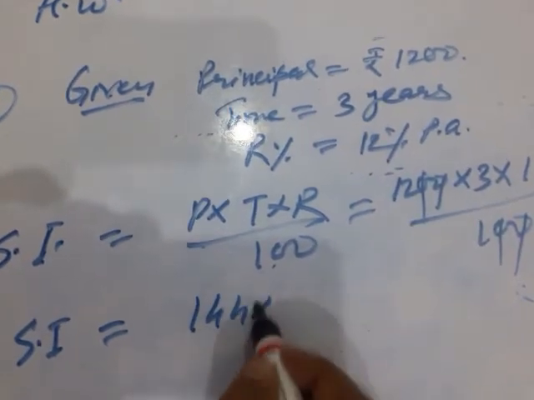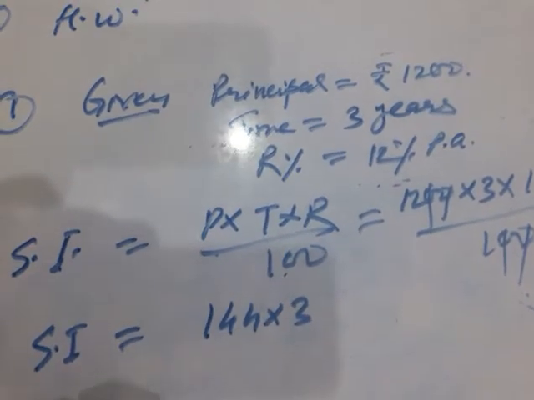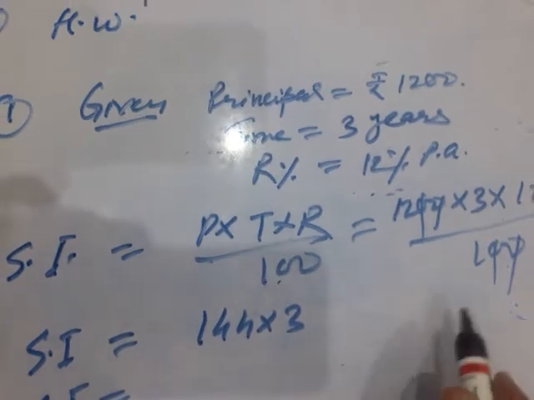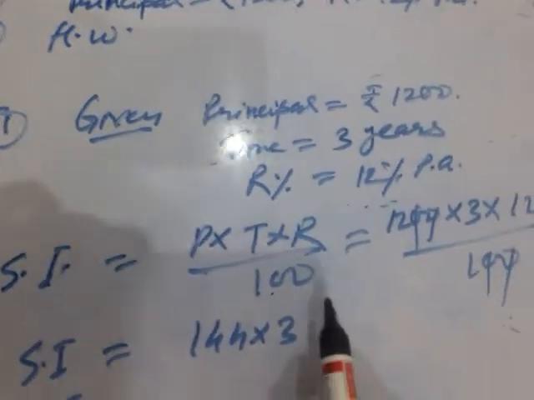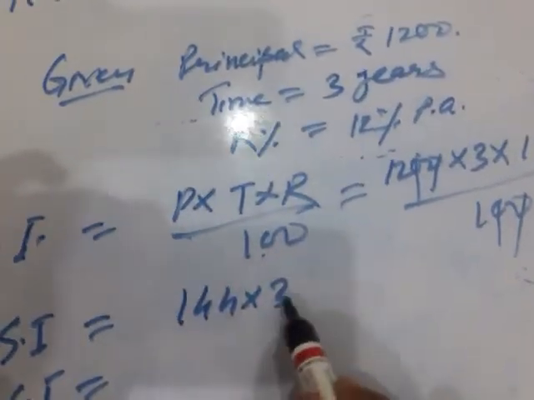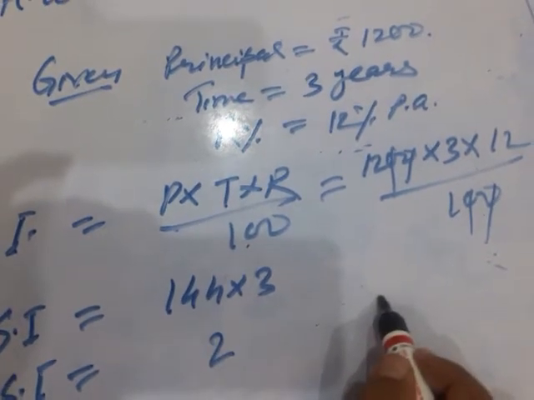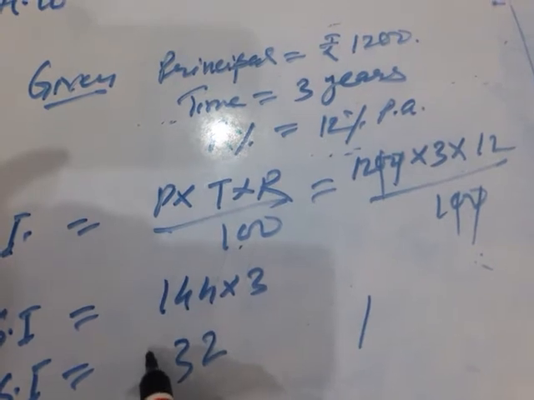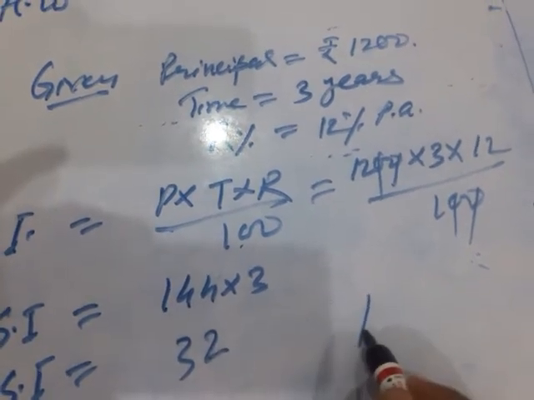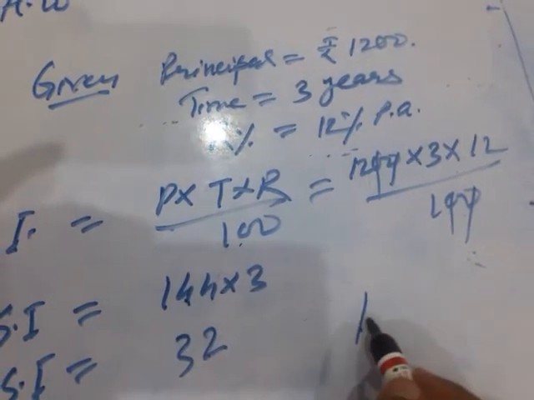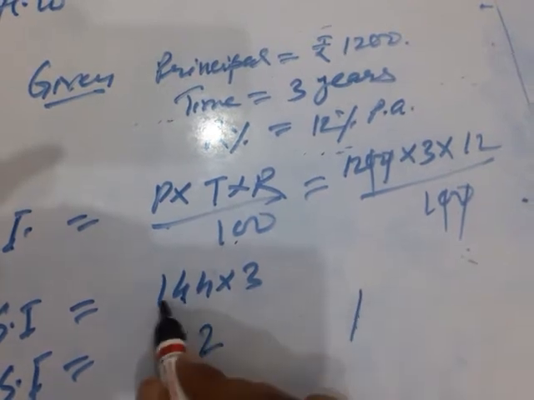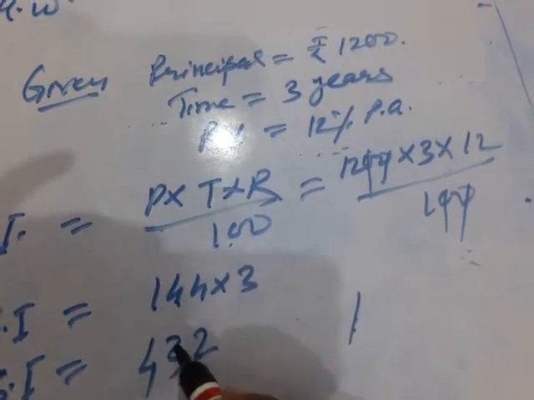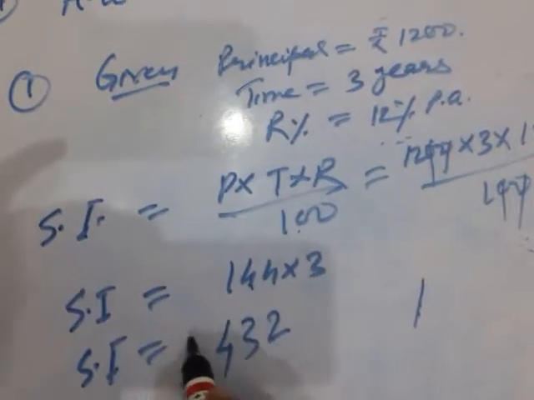Here 144 multiply by 3: 3 4 is 12 and 1 is carry over, 3 4 is 12 and 1 13, 3 is there, 1 is carry over, 3 1 is 3 and 1 4. That is rupees 432 is the simple interest.